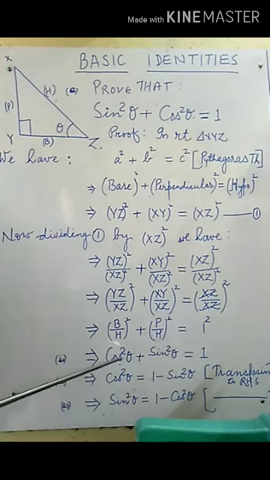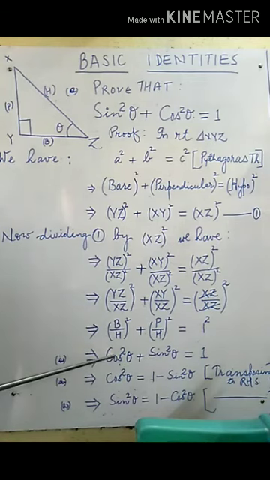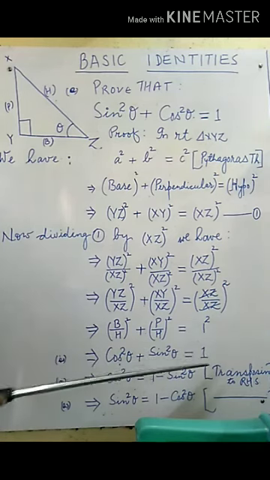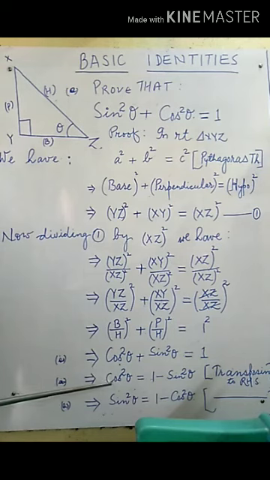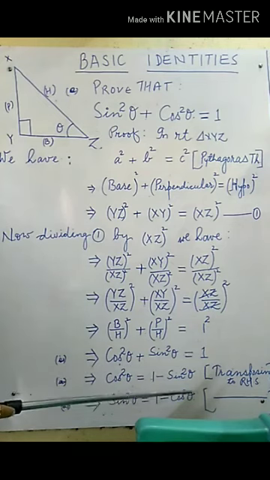Now on the basis of this, we can establish 2 more relations by transposing the quantities. Cos square theta plus sine square theta is equal to 1. Here, cos square theta will be noted down as it is, and sine square theta will be transposed to the right hand side. So cos square theta equals 1 minus sine square theta.